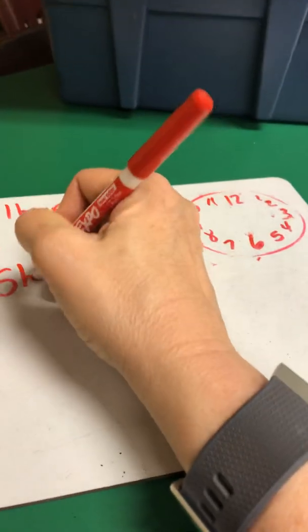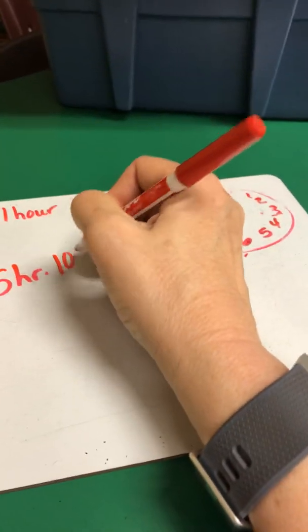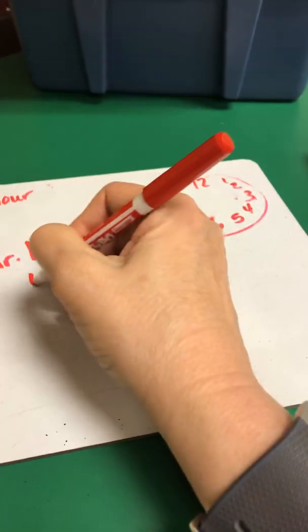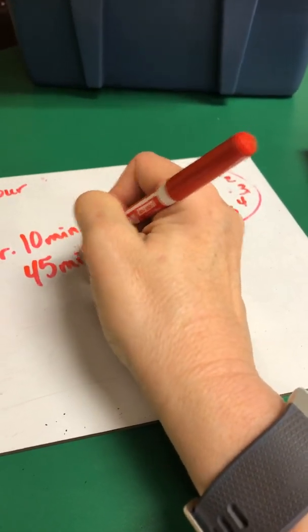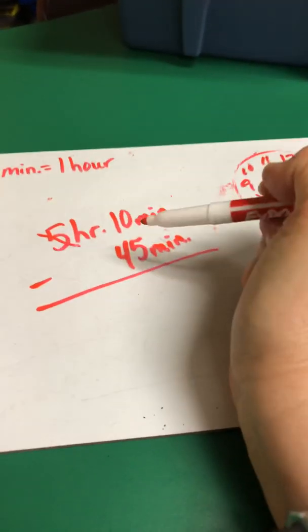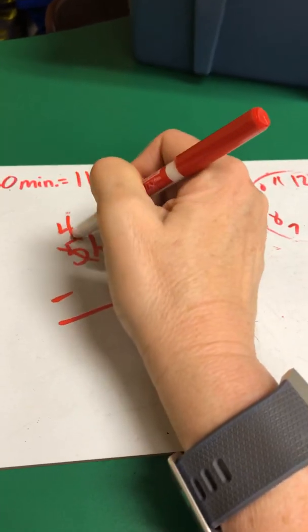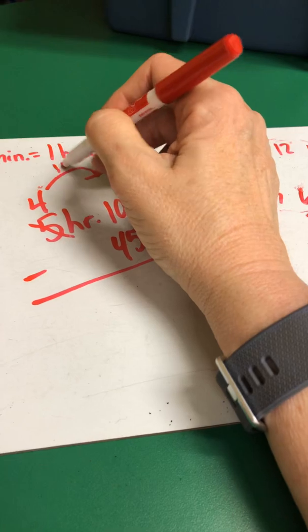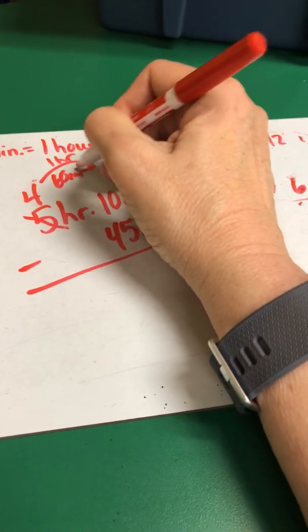What if I have 5 hours and 10 minutes, and what if I want to subtract off 45 minutes? I can't take the 45 from the 10, so I'm going to have to borrow from the 5. The 5 will go down to 4 hours. If I bring an hour over, an hour equals 60 minutes, so I'm bringing 60 minutes over.